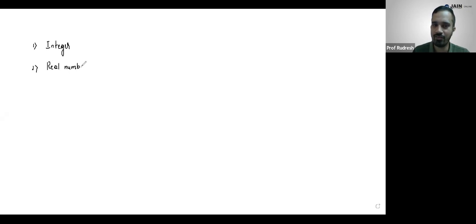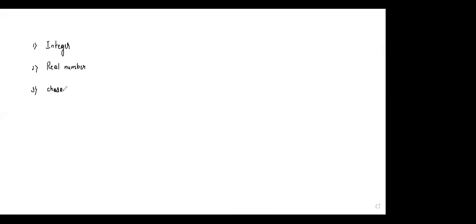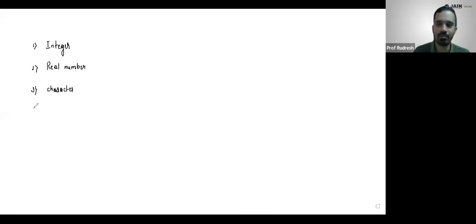In fact, in real life also, we have integer type data, we have real number type data, then we have character type data. Then we have yes or no type data. These are the commonly used data types that you will notice in real life.